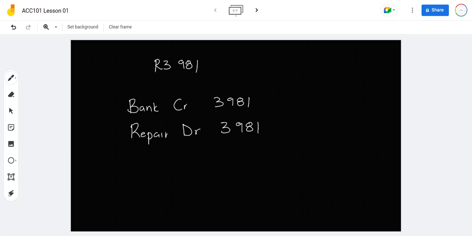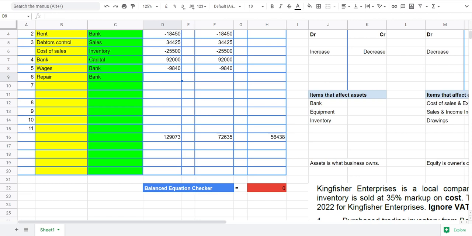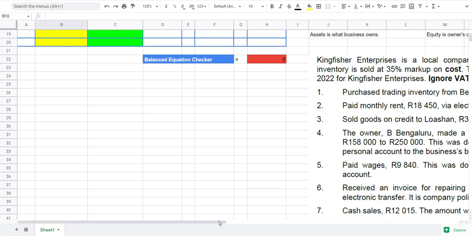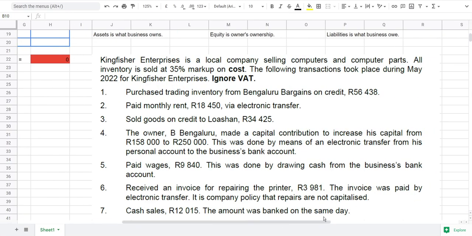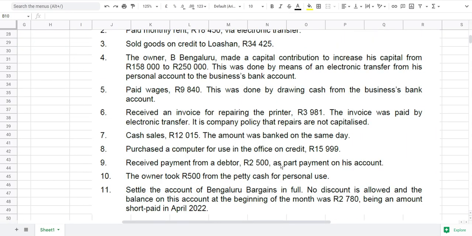How much? 3,981, minus 3,981. The balance checker there, it's 0. So we now move to number 7.